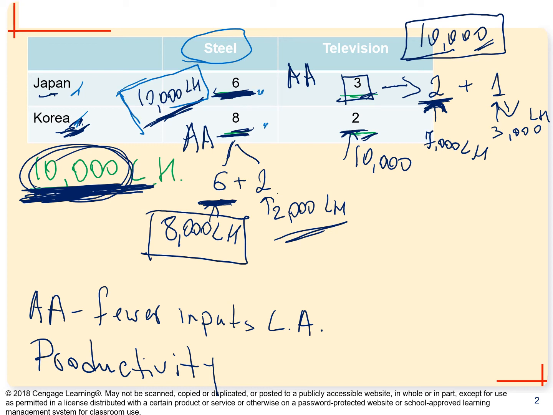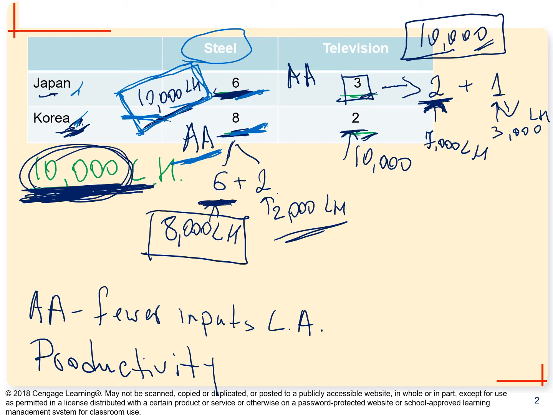In these 10,000 labor hours, Japan produced only 6 units. But Korea spent 10,000 labor hours on producing units of steel and produced 8 units. Who is more productive? Korea is, because in the same amount of hours, Korea is producing more units. So therefore, Korea has absolute advantage in production of units of steel.